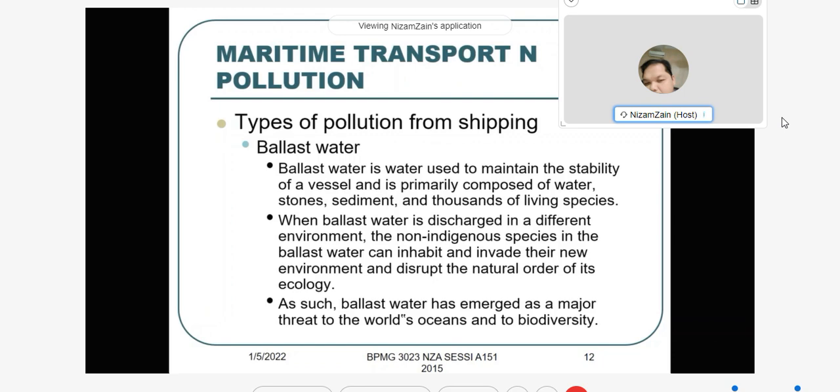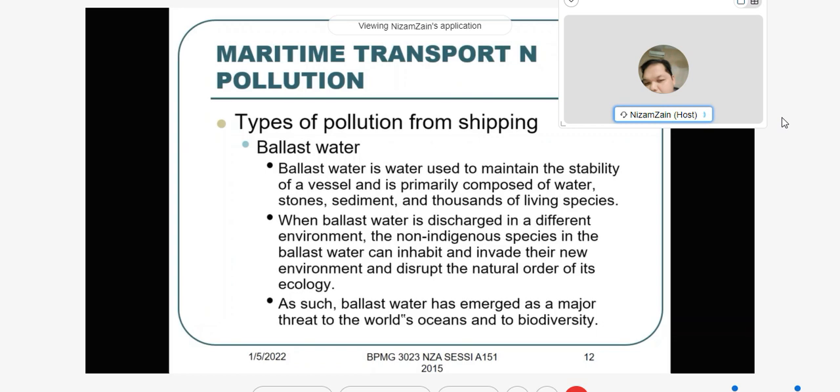Alien to whom? Alien to the sea when they release the ballast water from the ballast tank. This microorganism that stayed in the ballast tank for quite some time is alien to the natural indigenous species of the sea. And usually the non-indigenous one, the alien one, is more dominant, stronger.